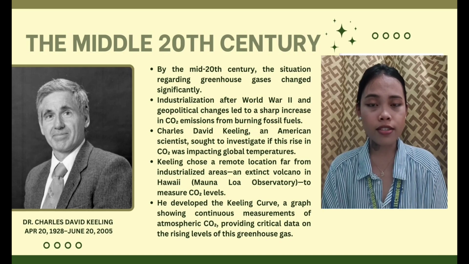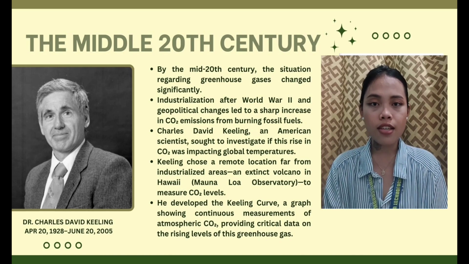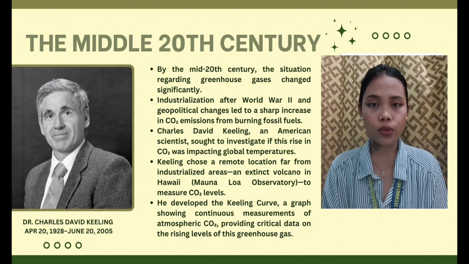By the mid-20th century, industrialization had expanded globally, especially after World War II. This led to a significant increase in carbon dioxide emissions due to a widespread burning of fossil fuels like coal, oil, and gas to power industries, vehicles, and electricity generation.